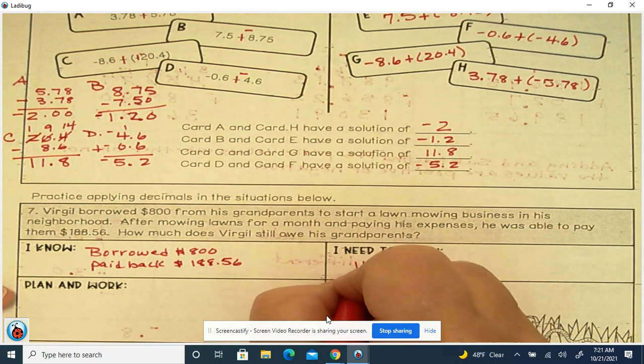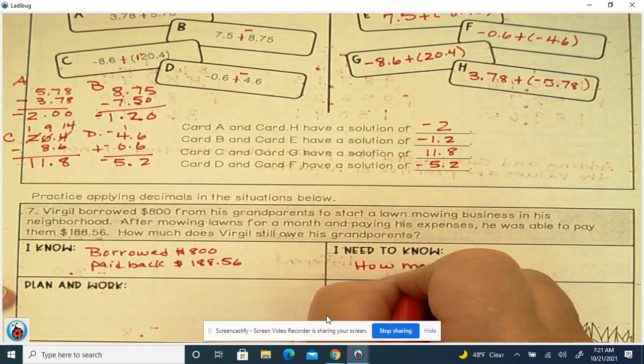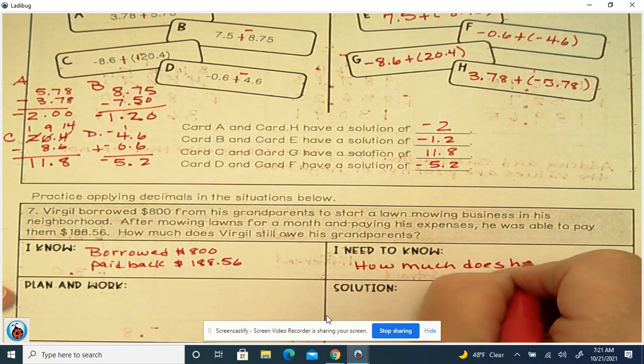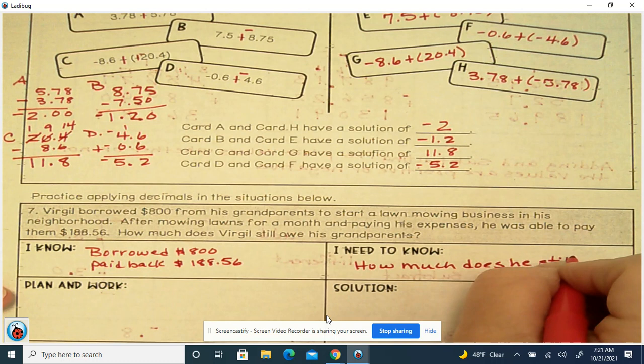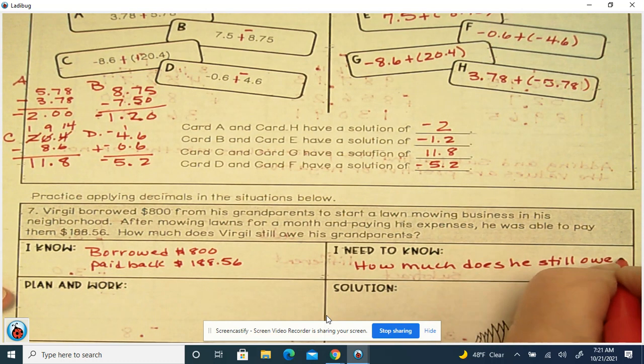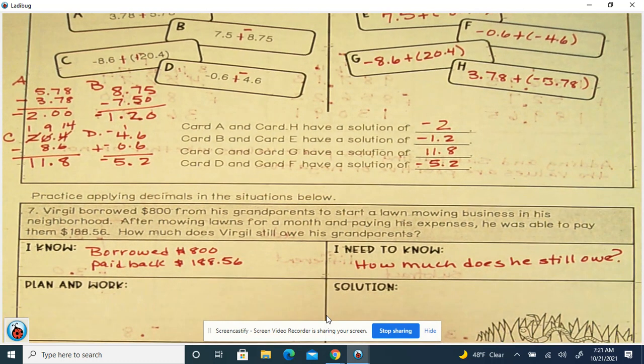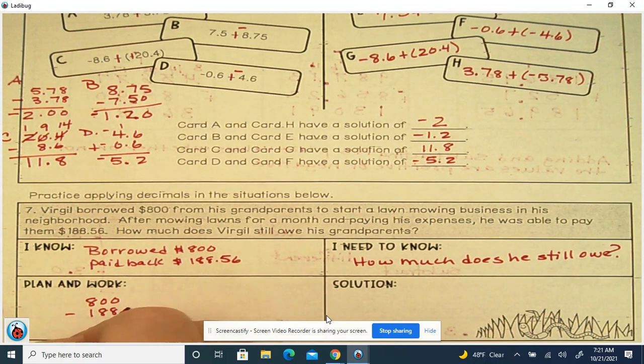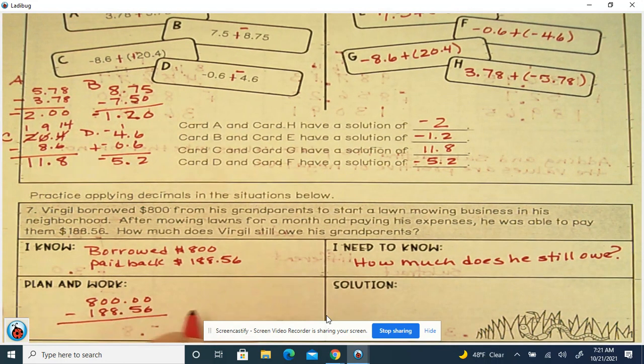What you need to know is how much he still owes. Let's plan that. So he borrowed 800 and he paid back 188.56, and paid back means we're taking away from what he owes. So we're going to subtract.